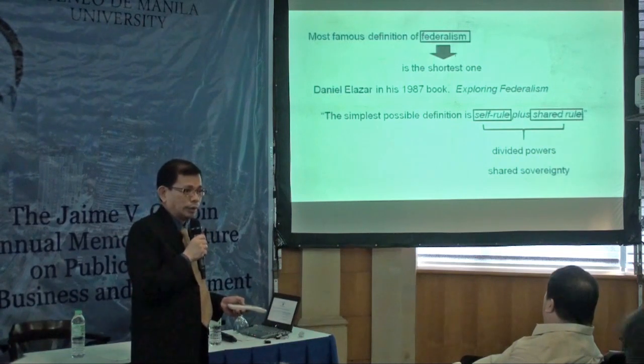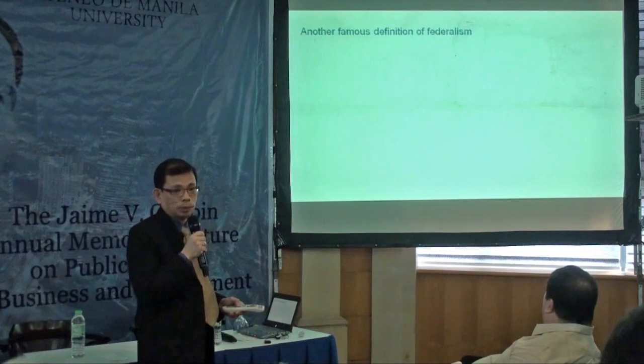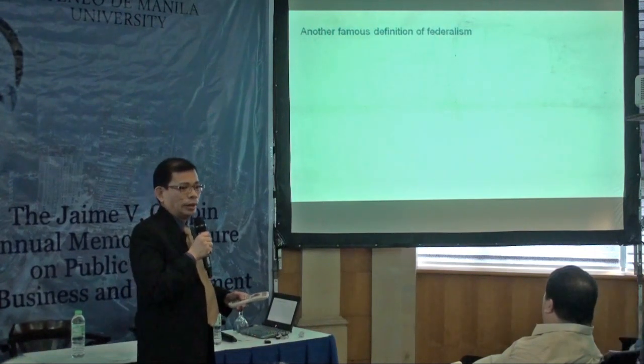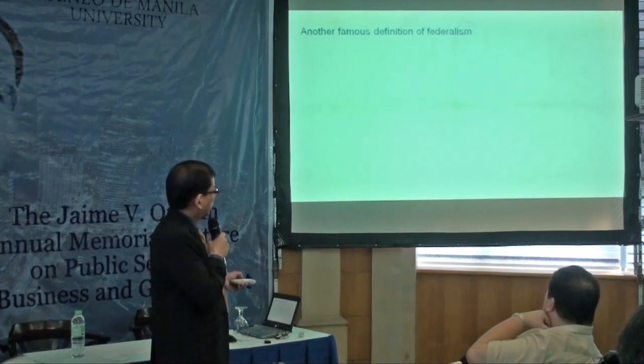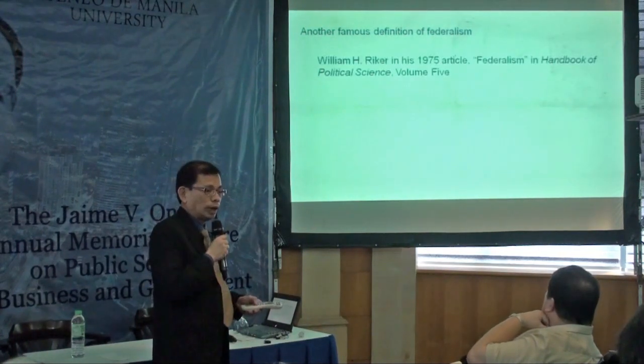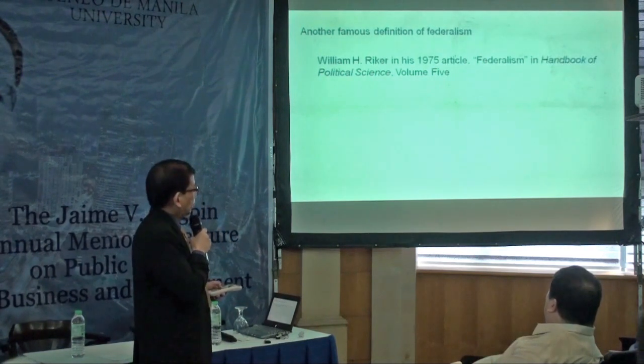Another famous definition of federalism is from another political science professor, one of the pioneers of game theory in the United States, William Riker. In his 1975 article, a classic article, Federalism, in Volume 5 of Handbook of Political Science.